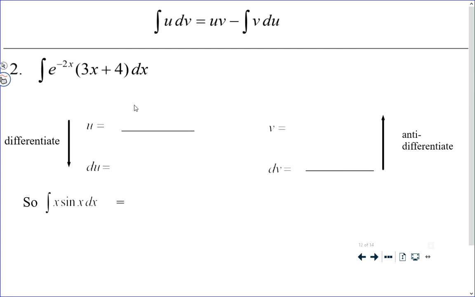If you did this with example 2, you would have chosen 3x plus 4 equals u. That would mean du is 3 dx. dv would have been e to the negative 2x dx, which means v would have been negative 1/2 e to the negative 2x.